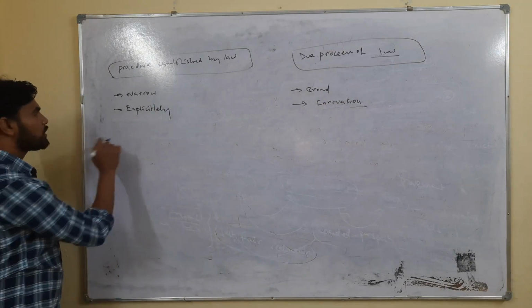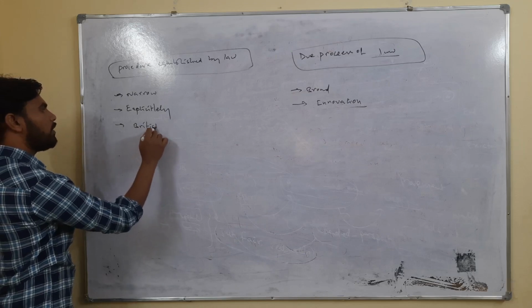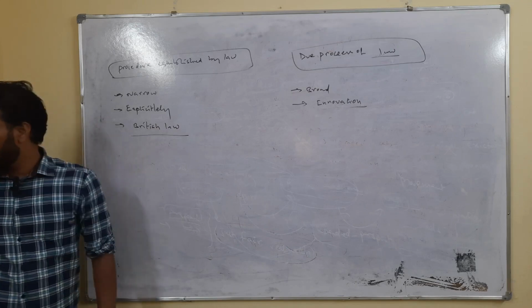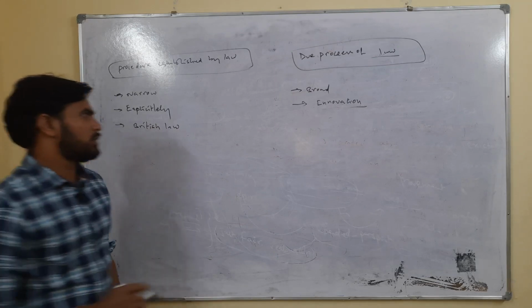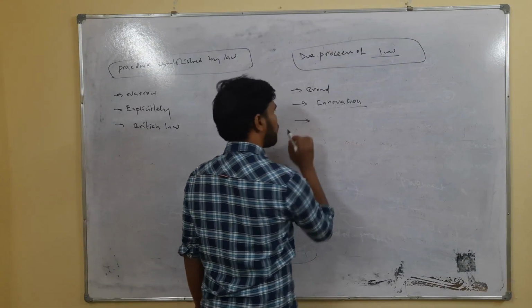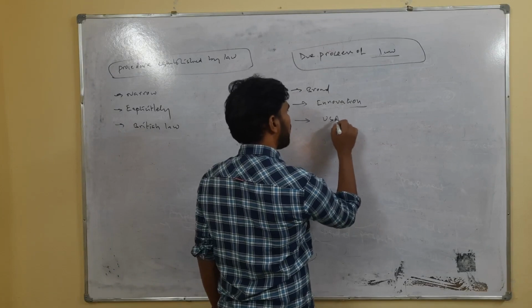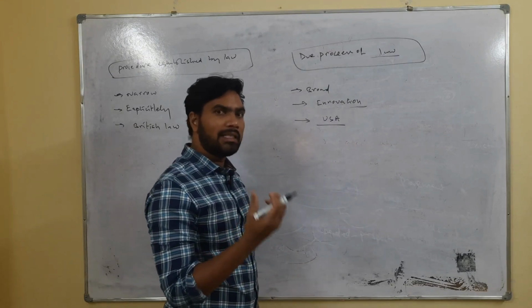And where have we taken this concept from? We have taken it from British law. Procedure established by law is followed in Britain; it has British origin. Due process of law has its origin in the law of the United States of America.